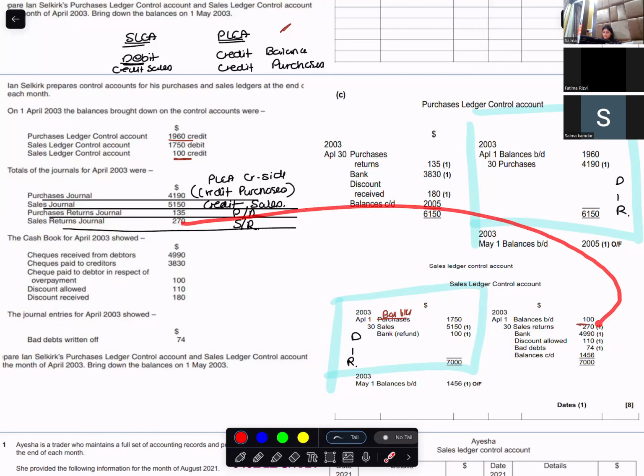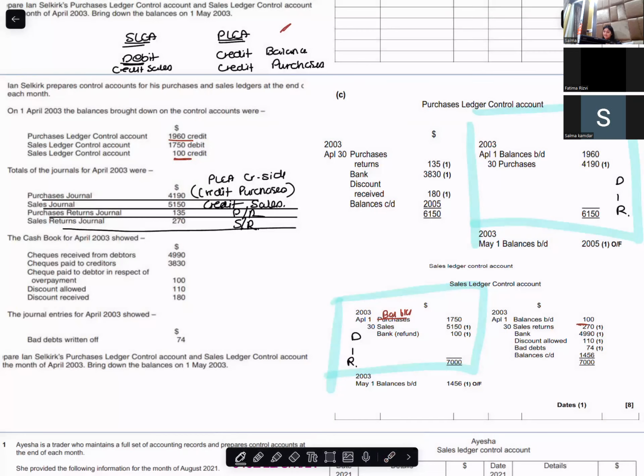Check receipt from debtors. Debtors will be SLCA, trade receivable, and PLCA would be suppliers or creditors. Check receipt from debtors. Which account? SLCA, PLCA?